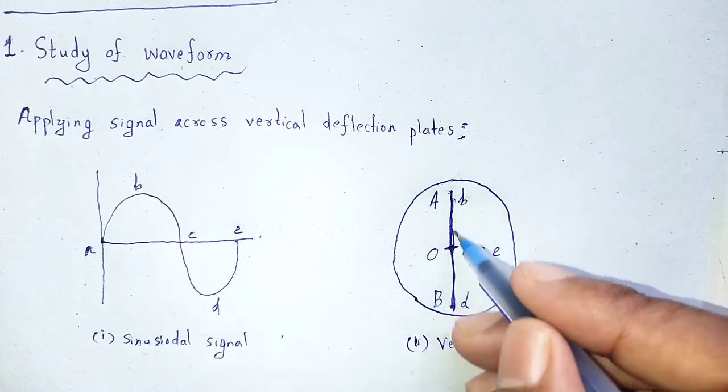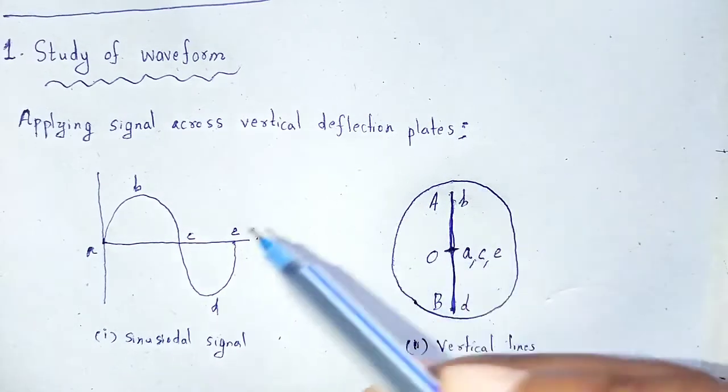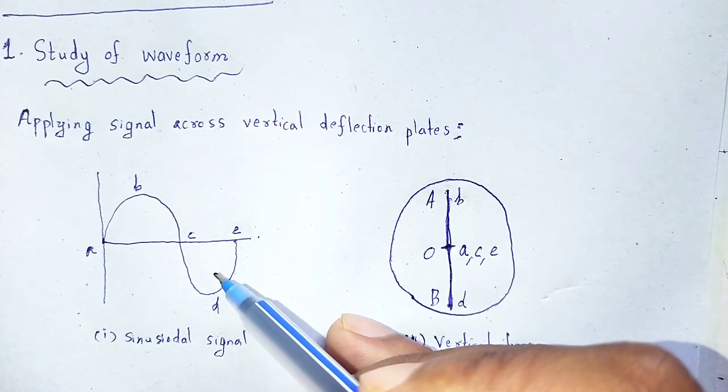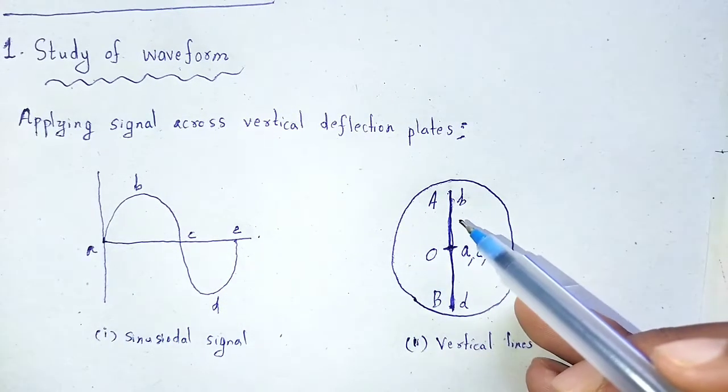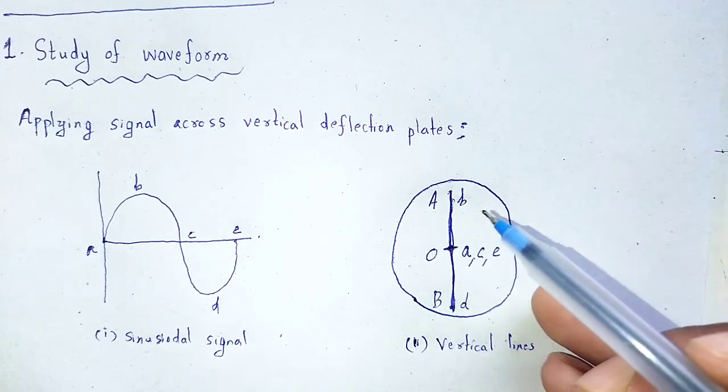The line can't give the actual waveform of the applied sinusoidal signal. So, we need the help of a sawtooth wave.